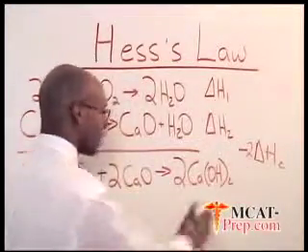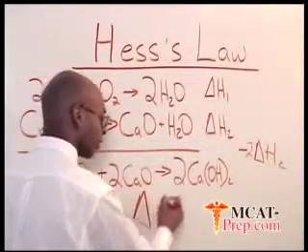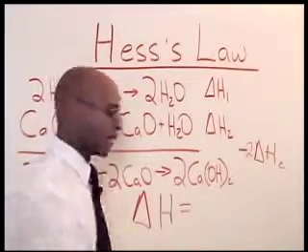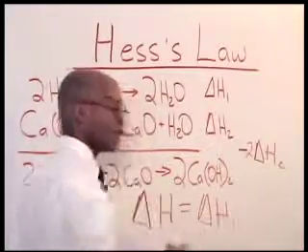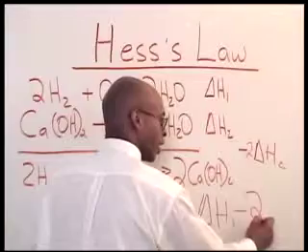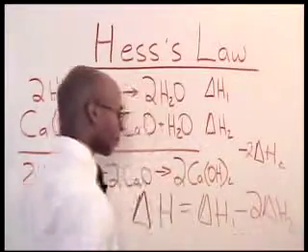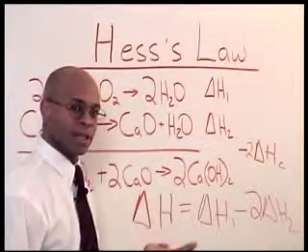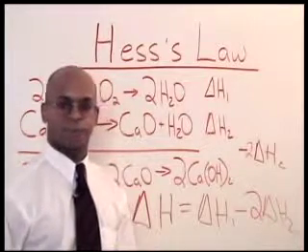In other words, the total delta H, or enthalpy, for the given reaction would be given by delta H1, because that reaction was not changed, minus 2 times the value for delta H2. And this would give the overall enthalpy for the final reaction.